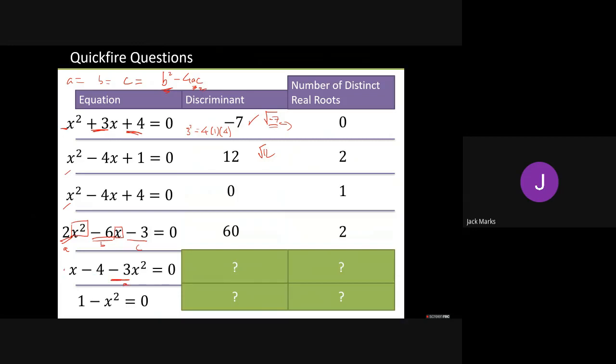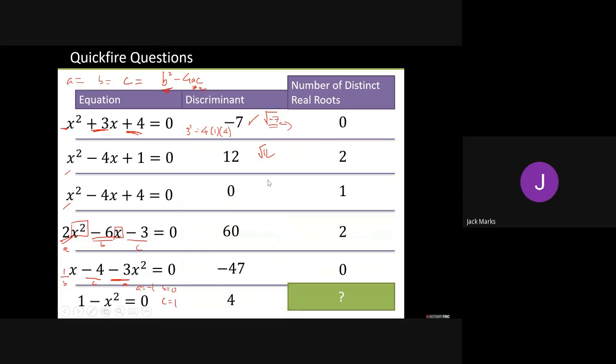The b is 1. The c is minus 4. And sometimes one of them may be a 0. So on this one here, a is minus 1, b is 0, c is 1. Watch out for double negatives.